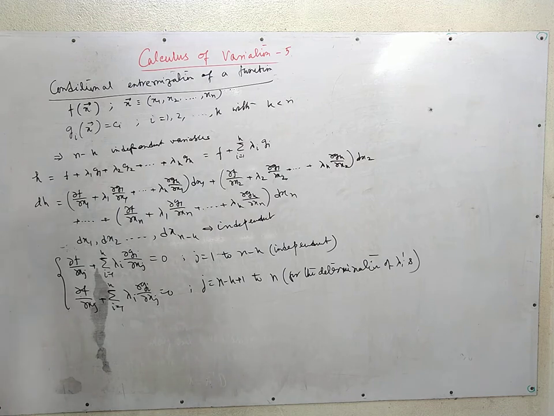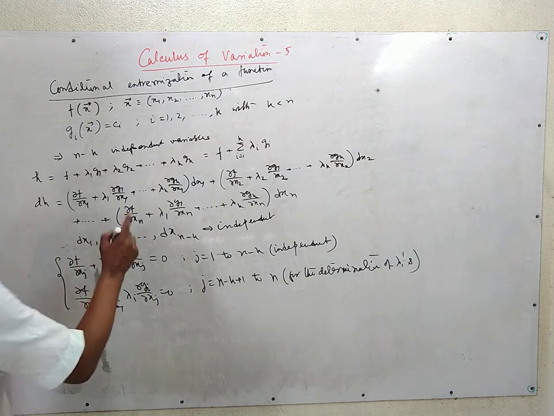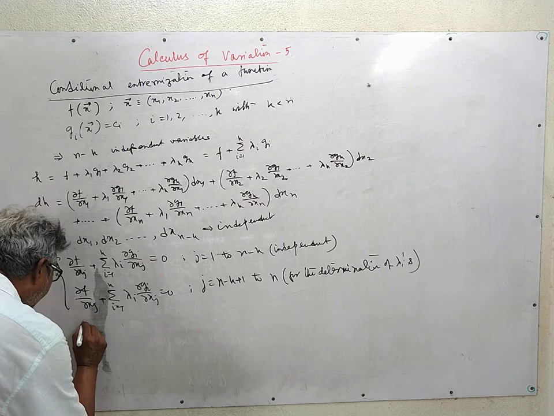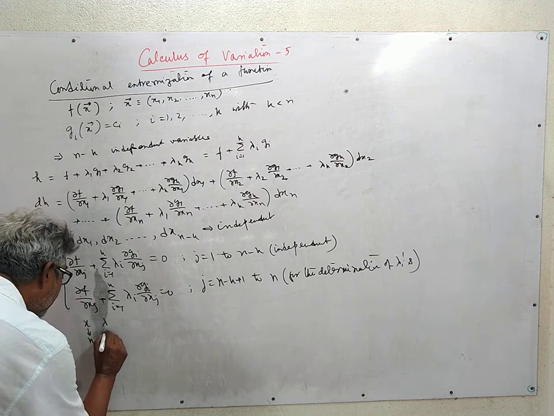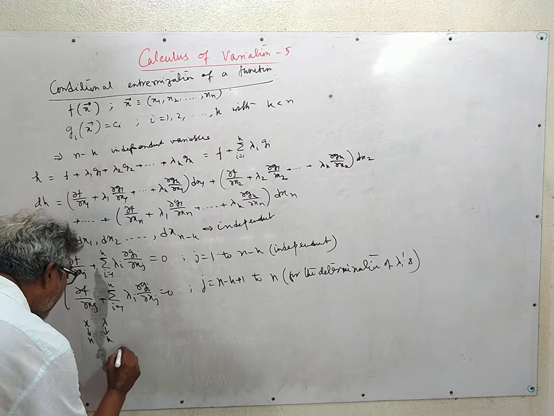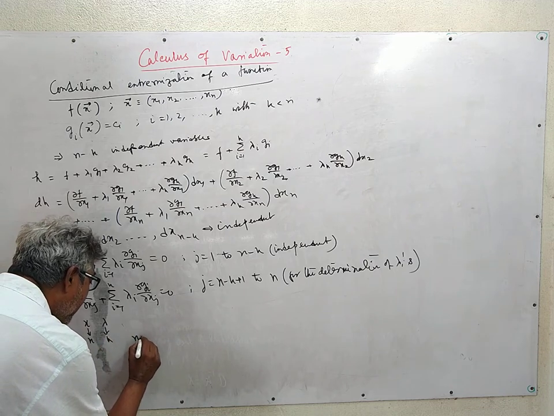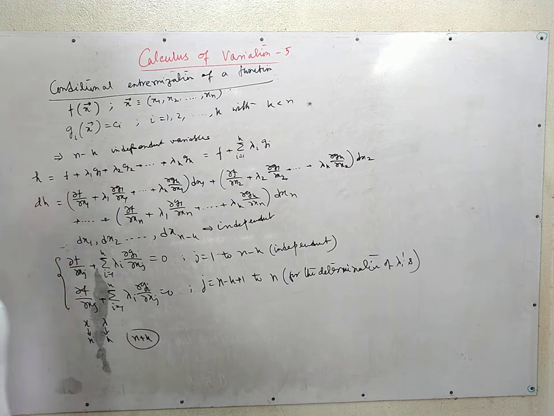Now let me summarize the problem. There are n x values to be determined together with k number of multipliers. So x values are n in number and lambda values are k in number, so together we have n plus k unknowns.